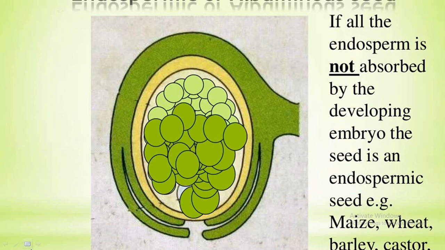Now there are different advantages of seeds. First, they are the basis of our agriculture. Second, the stored food in seeds supports the growth of seedlings till they become nutritionally independent. Seeds are adapted for seed dispersal to form new plant colonies.